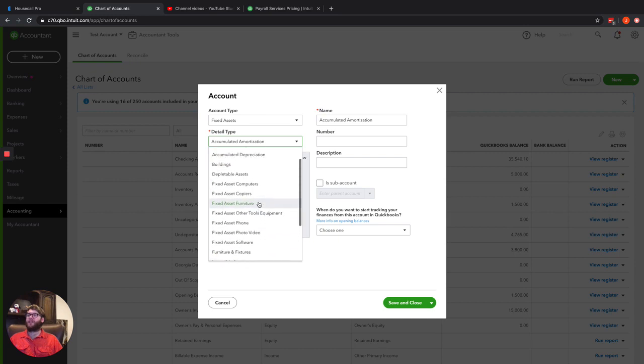Another type of asset that we don't hear a lot about is going to be your amortization and your depreciation. So amortization is going to be affected by intangible assets. So an intangible asset is going to be a trademark, a copyright, something like that. So you came up with this new machine or this new method of doing this, and you patented it with the U.S. Patent Office.